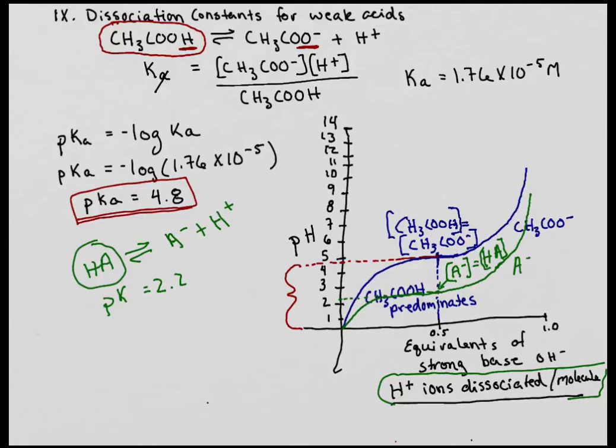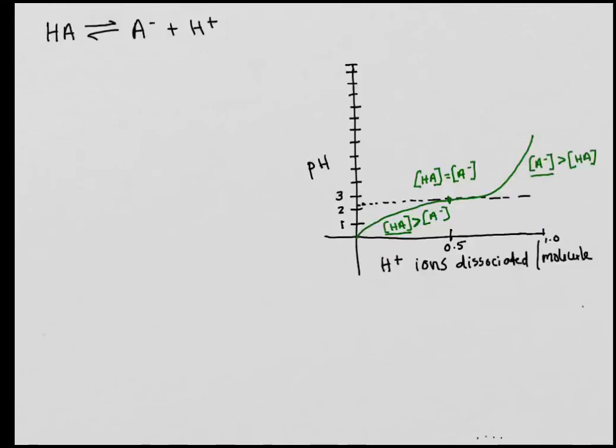So this can allow us to derive an equation that allows us to calculate the exact concentrations of A minus and HA at any given pH. This equation is called the Henderson-Hasselbalch equation. As we get ready to derive the Henderson-Hasselbalch equation, it's helpful to have our titration curve reminding us that the pKa for this weak acid HA is 2.2.